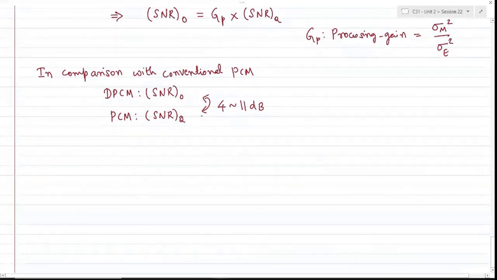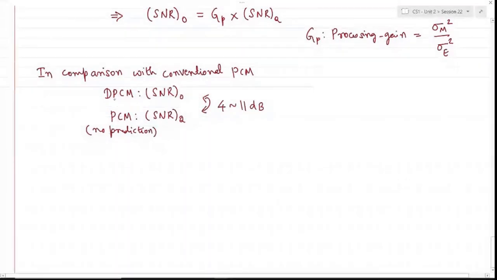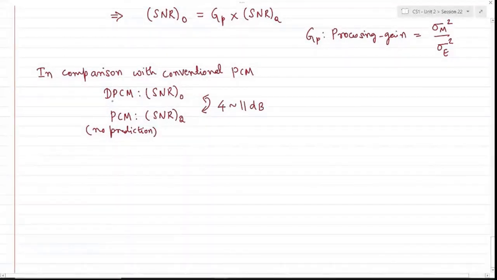It appears that the greatest improvement occurs in going from no prediction to first order prediction. No prediction is the case of PCM, where there is no prediction involved at all. If there is at least first order prediction, there is some additional gain in terms of GP which can be obtained.